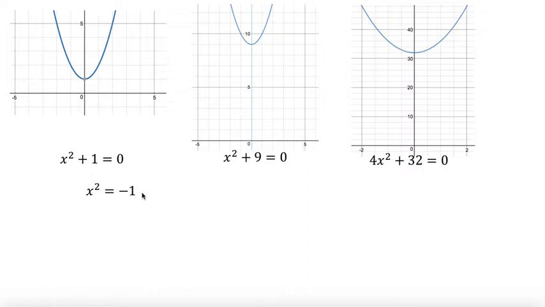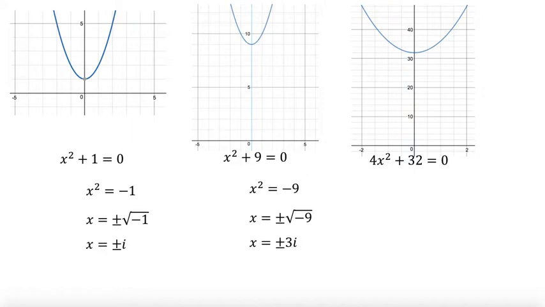So x equals plus or minus the square root of negative 1, or plus or minus i. So it's got imaginary solutions, no real solutions. Let's check this one. Again, x squared plus 9 equals 0, so x squared equals negative 9. x equals plus or minus the square root of negative 9, which of course is 3i, so x equals plus or minus 3i.